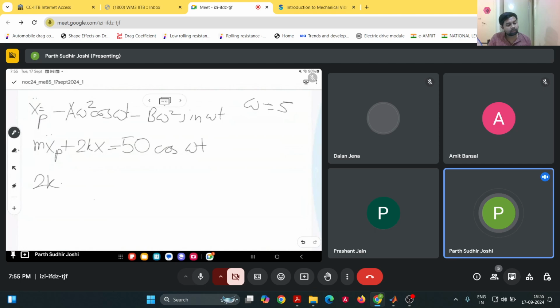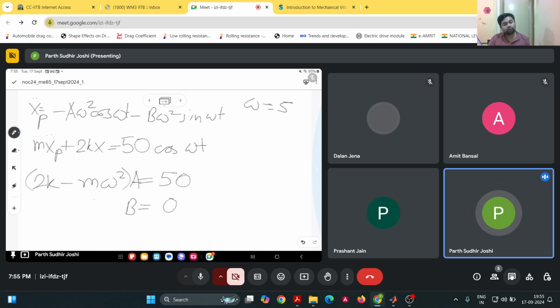So 2k minus m omega square is equal to 50, and for the coefficient of b, there is no sine term, so b will be 0.